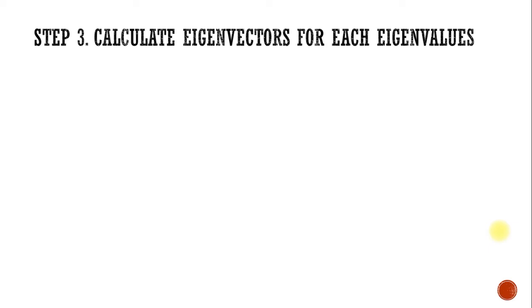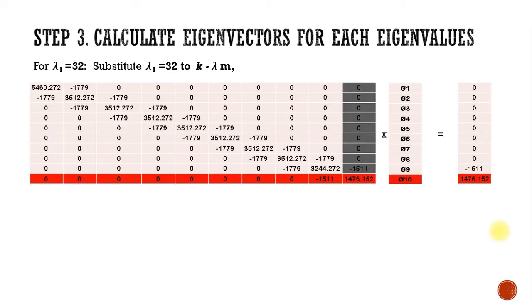For step 3, we are going to calculate the eigenvectors for each eigenvalue. So for the eigenvalue of mode 1, the 32, substitute natin ito sa K minus lambda M na characteristic equation. So, solve natin ang eigenvectors ng eigenvalue na ito by using this calculation. We're going to multiply the matrix with the characteristic equation na na-substitute itong mode 1 natin na eigenvalue dito sa eigenvectors natin.